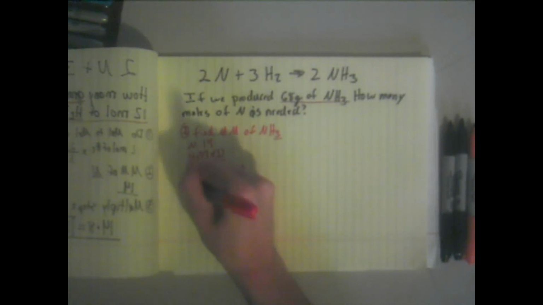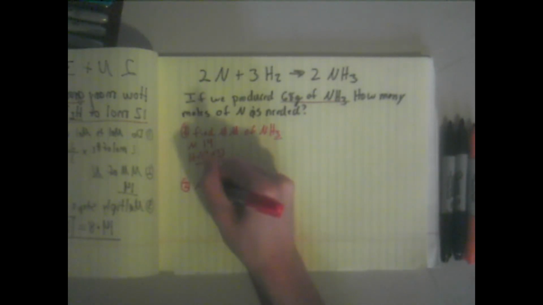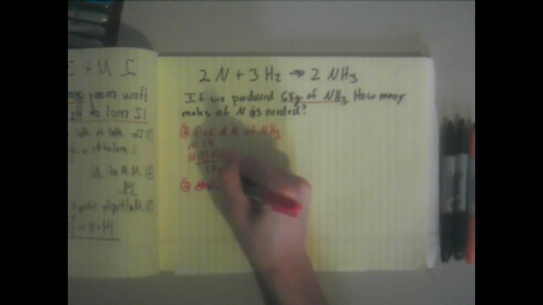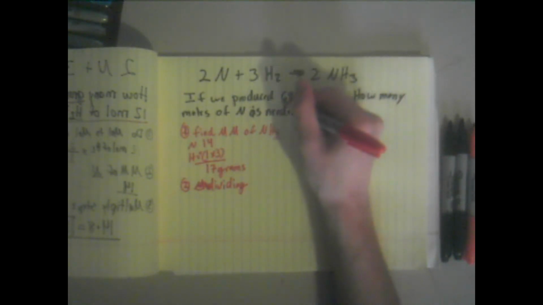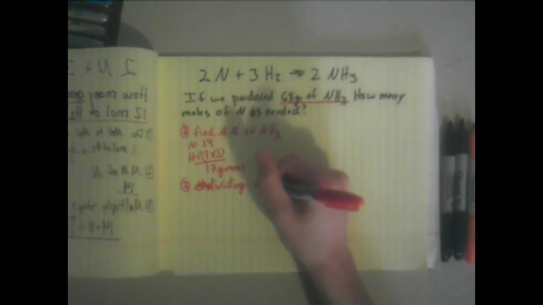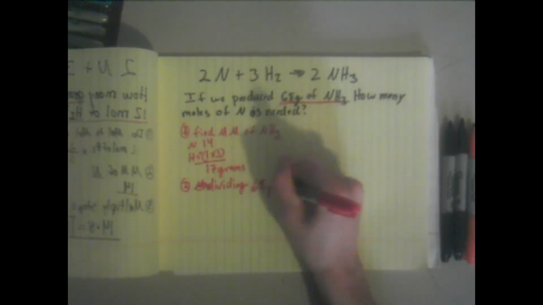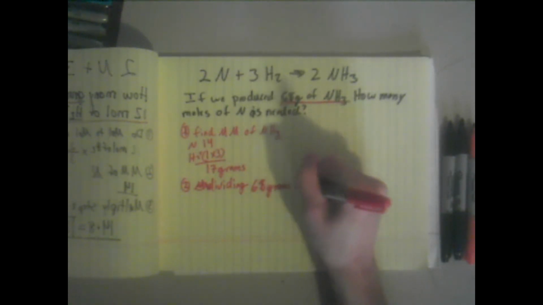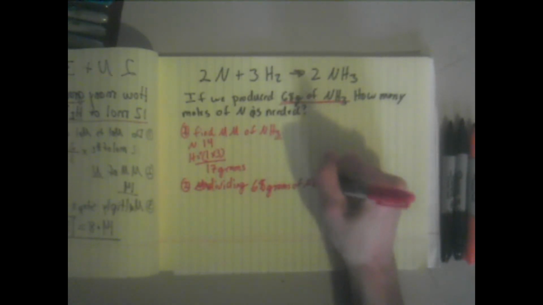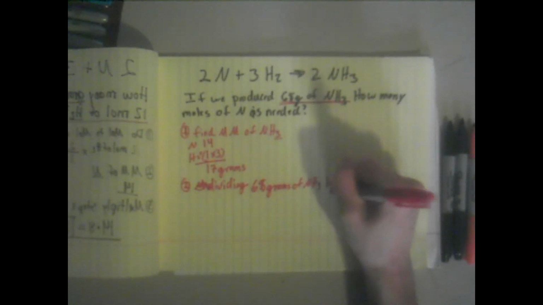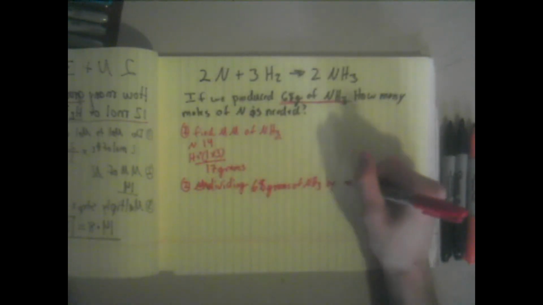Step 2 in this case is dividing your amount you started with. So divide 68 grams of NH3 by the step 1.